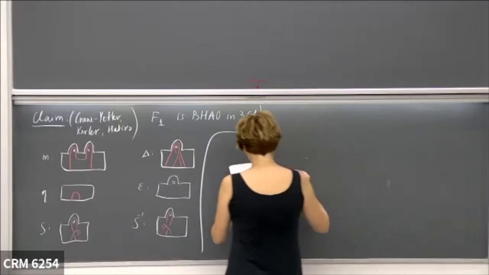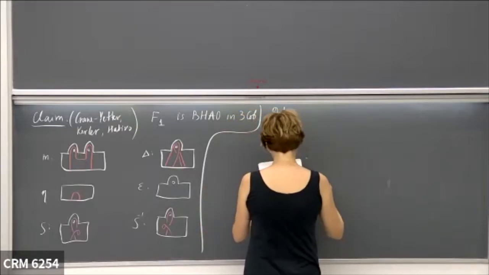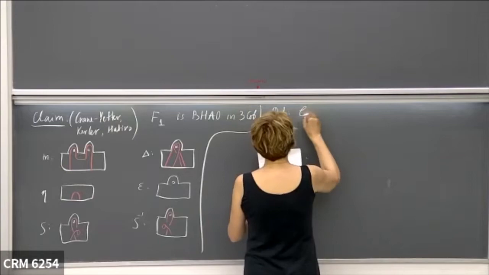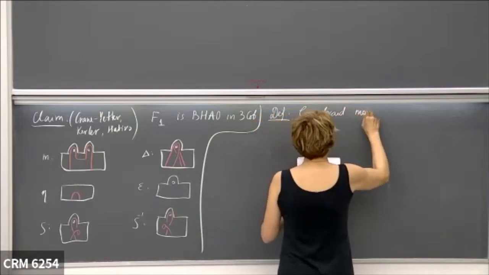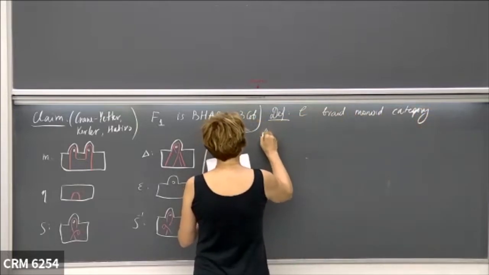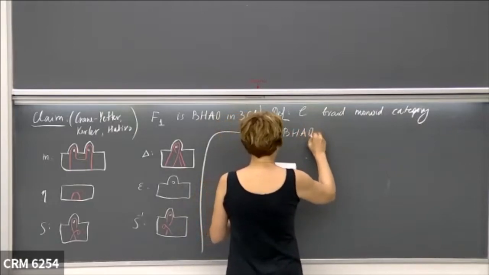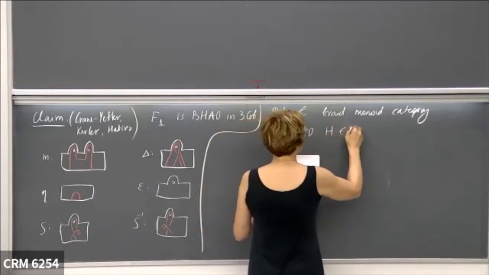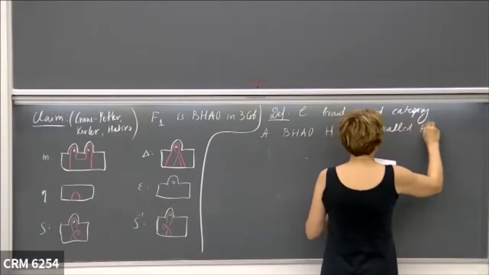Now let me give you the following definition. Assume C is a braided monoidal category. Then an object H in C, which is a braided algebra object, is called a Hopf algebra.